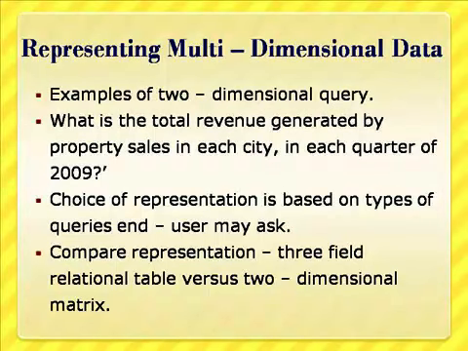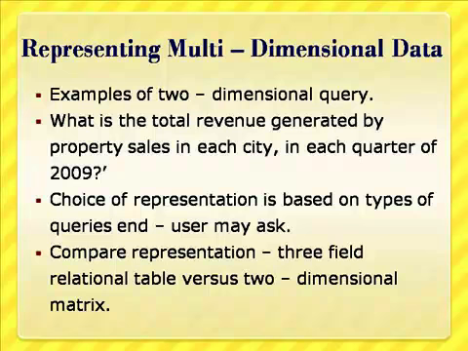But the choice of representation is always based on the types of queries the end user asks. So there are 2 different kinds of representations: array-based representation and tabular representation. Now if you observe the table representation, in order to represent all the sales in each city for each quarter in the year 2009, we need 3 columns. The first column is for city values, the second column is for quarter names, and the third column is for storing the measure.